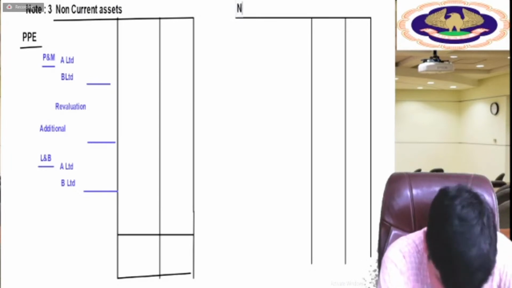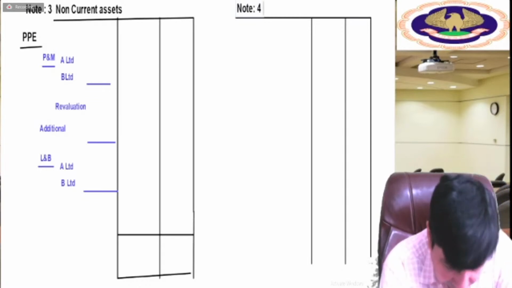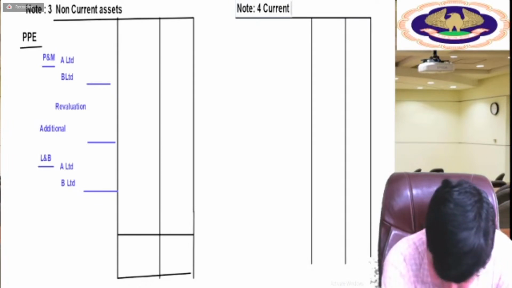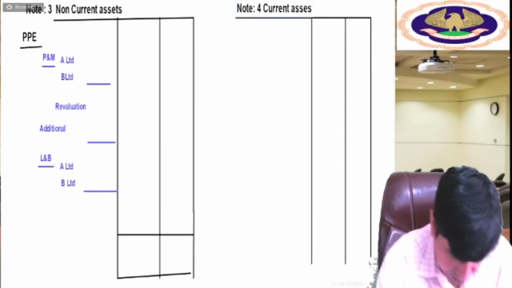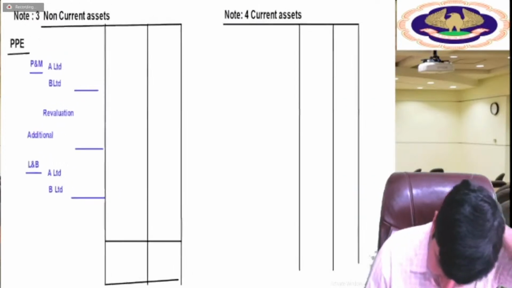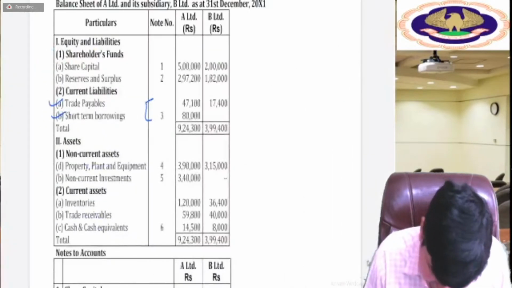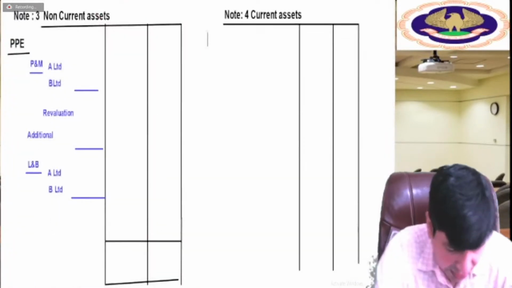I am discussing with you all, so that's the reason it is taking time, but I want you all to do the things in the best presentable manner. So what are the heads in the current assets? Inventory, trade receivable, and cash and cash equivalent. Give the same headings there.